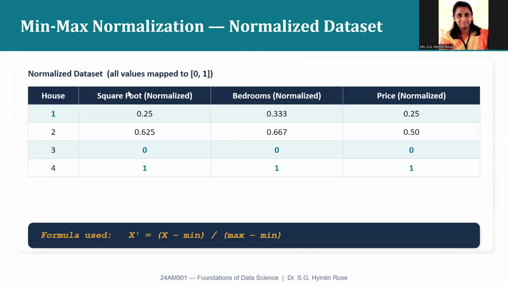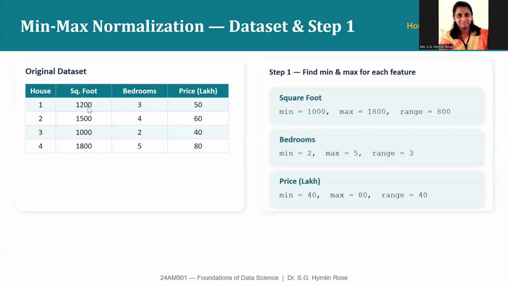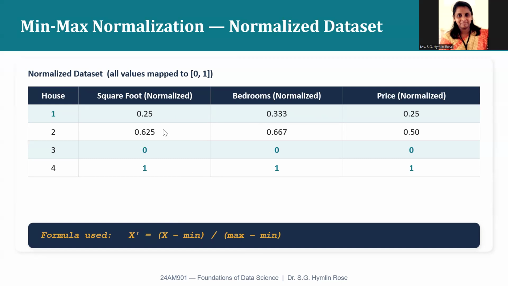Now we apply the normalization formula to square footage: x minus minimum, divided by maximum minus minimum. So 1200 minus the minimum 1000, divided by maximum 1800 minus 1000. What do we get? It is around 0.25. Similarly, apply it for the next house, and the next.